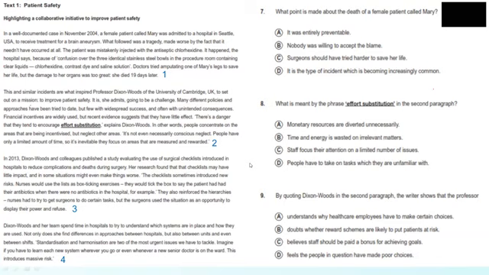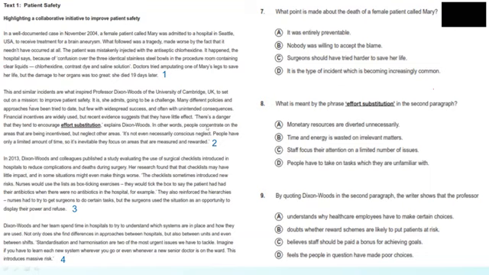I chose A: by quoting Dixon Woods in the second paragraph, the writer shows that the professor understands why healthcare employees have to make certain choices. It is like people have only a limited amount of time, so it is inevitable they focus on areas that are measured and rewarded.